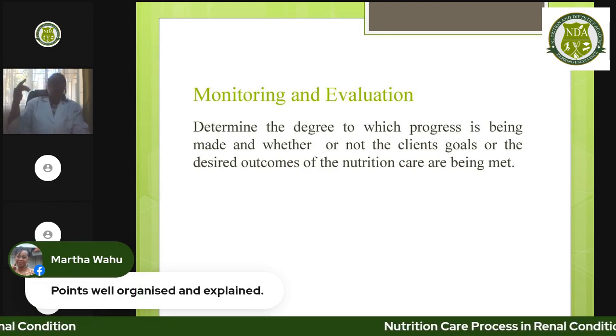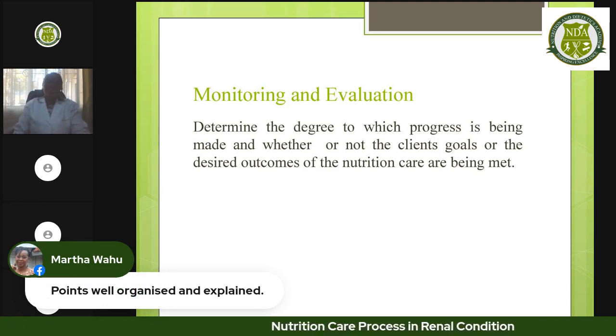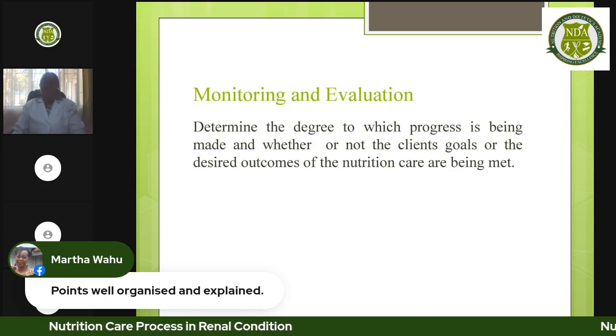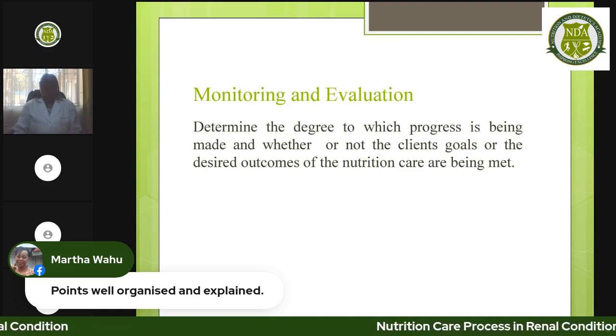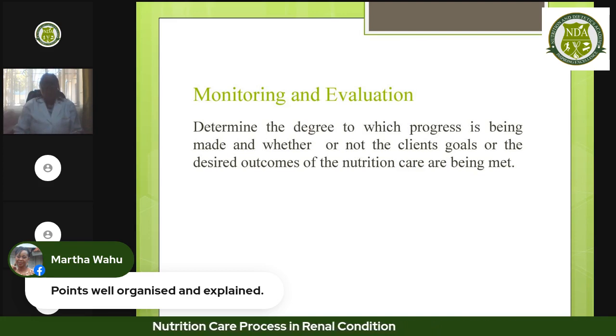When do you expect your desired outcome, your goal, to be met? So you put a realistic goal that you will, of course, achieve.